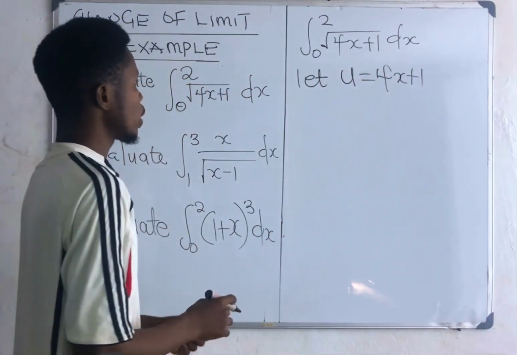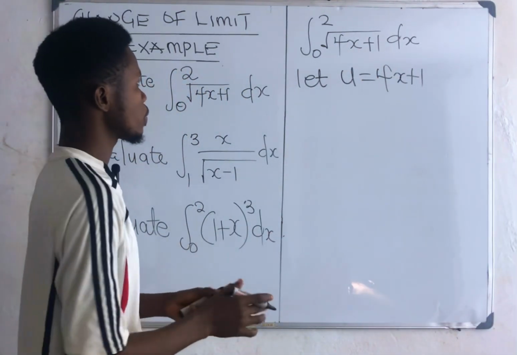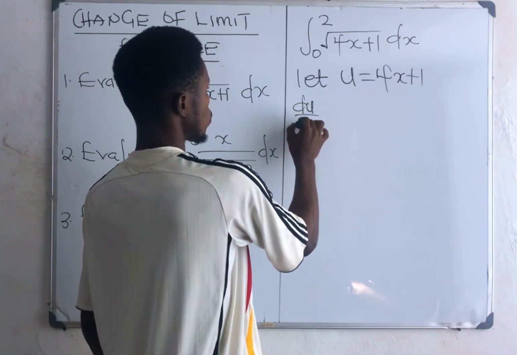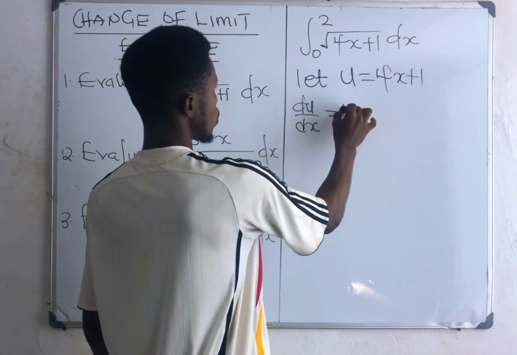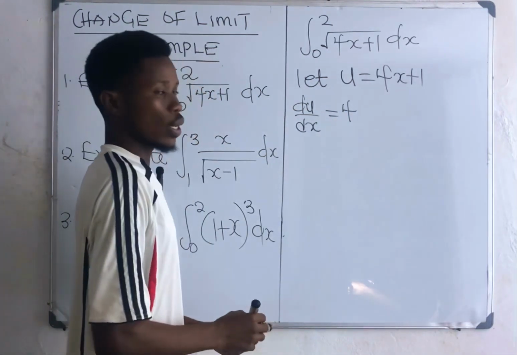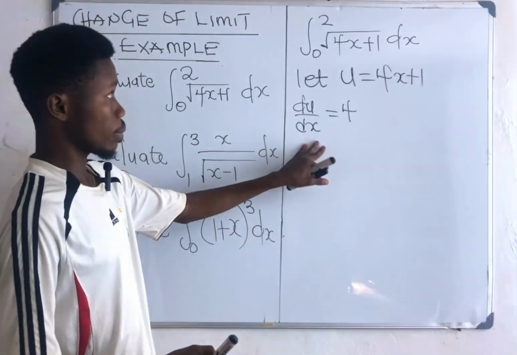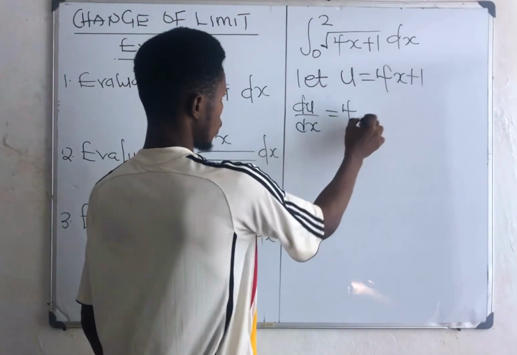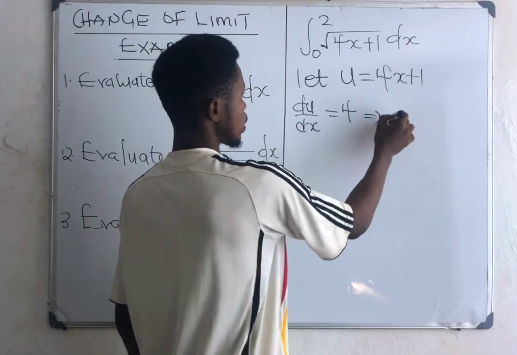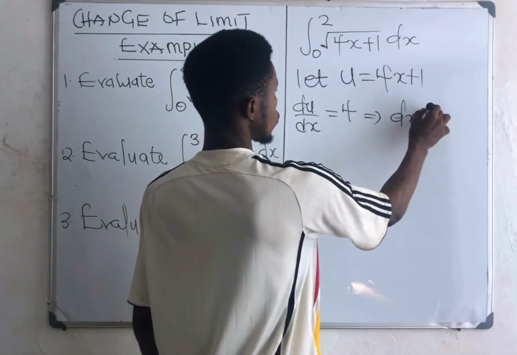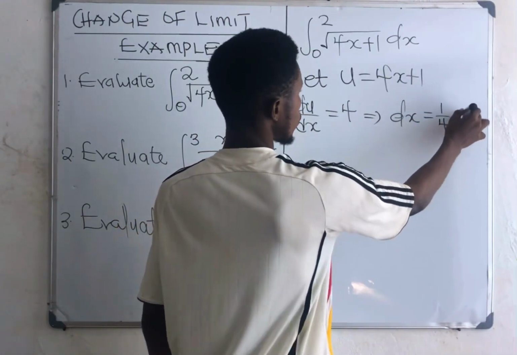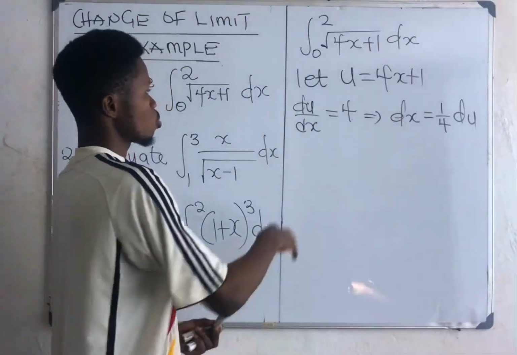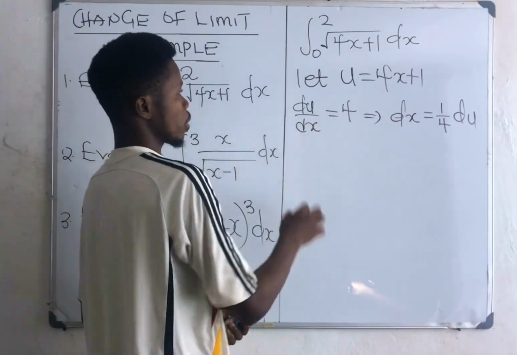Then you differentiate: du over dx gives you 4. Then here you make dx the subject, so dx equals 1 over 4 du. You do cross multiplication, then the 4 will come here.